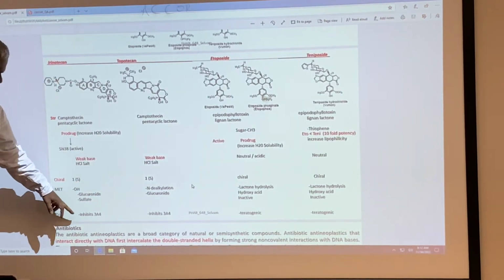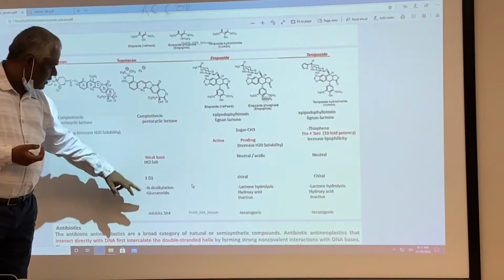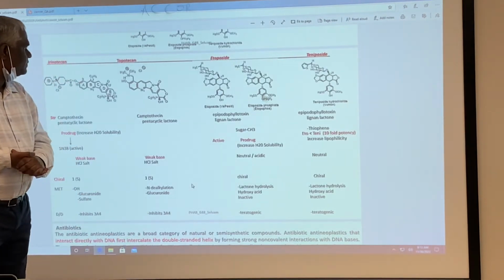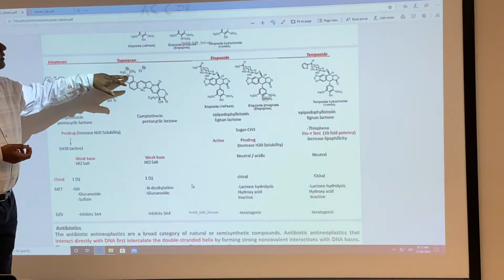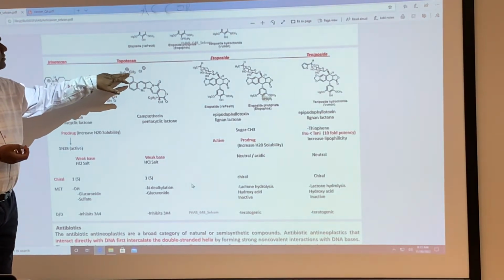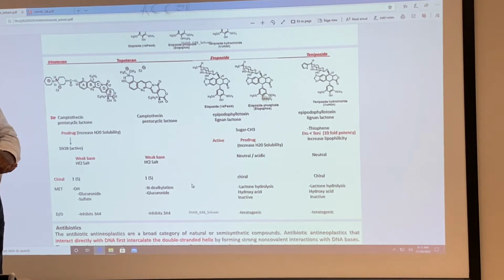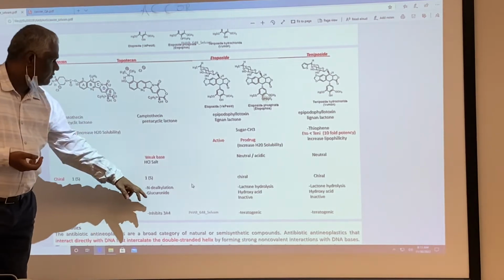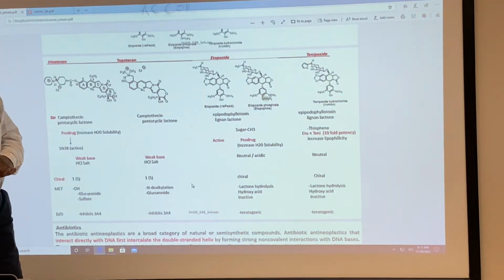Irinotecan inhibits cytochrome 3A4, so combinations with any compound metabolized by 3A4 give direct interactions. Topotecan also inhibits cytochrome 3A4, and the possible metabolic reaction is cleavage of a methyl group, N-dealkylation, followed by glucuronide conjugation, which is phase 2 metabolism.